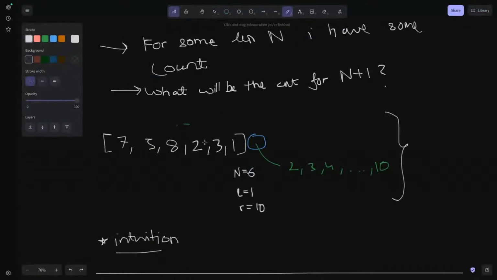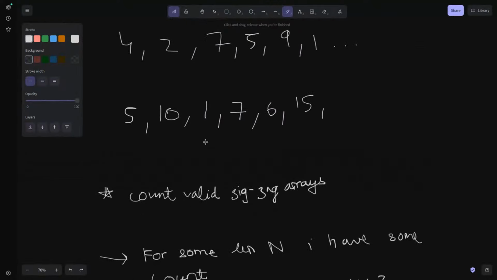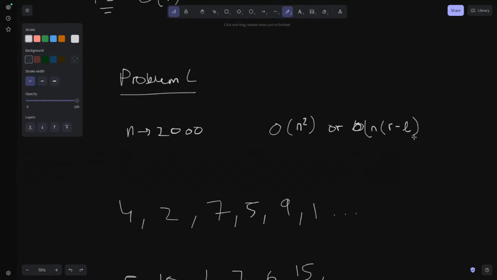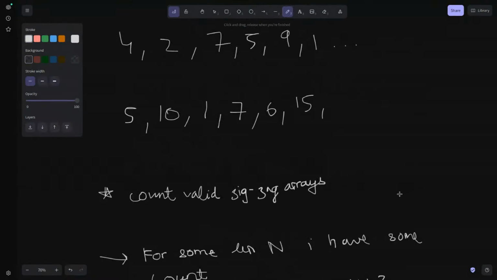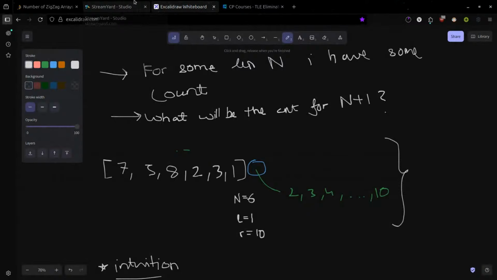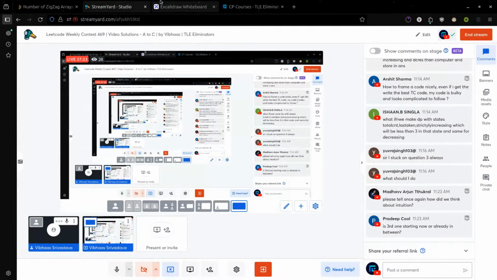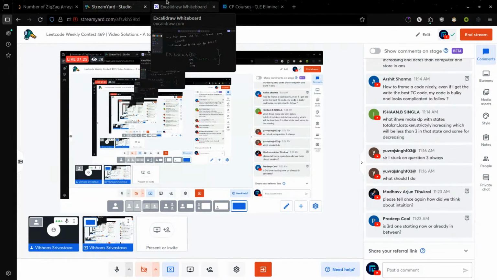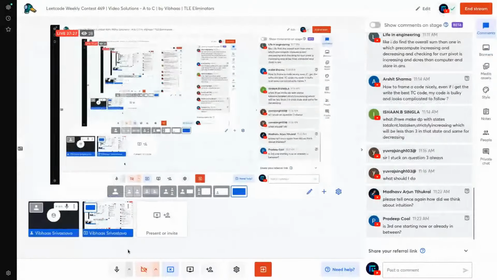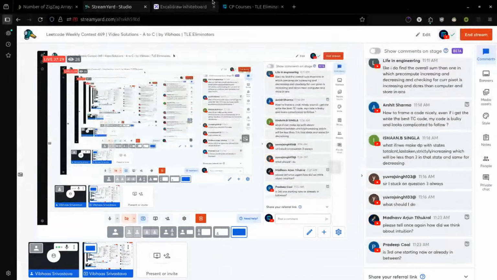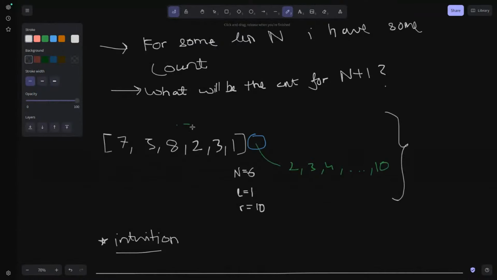The intuition is basically, to be honest, if you solve enough of these problems, you will know that it's DP instantly. So one way is to just solve more problems and you'll get the intuition. But I'm trying to explain the intuition by keeping in mind that given the previous n values, the next value is already constrained.